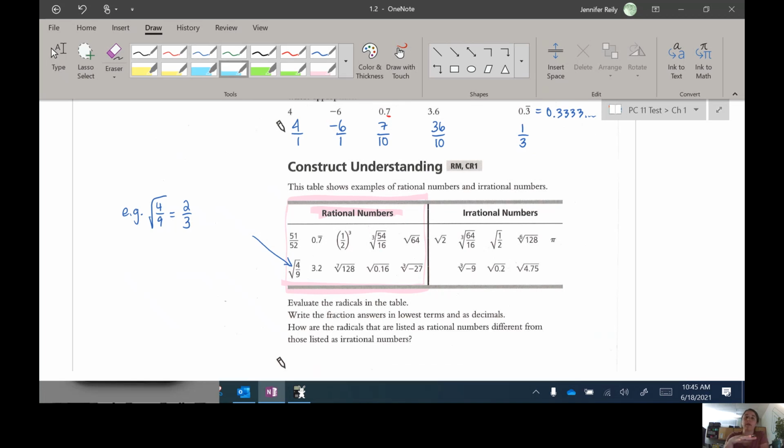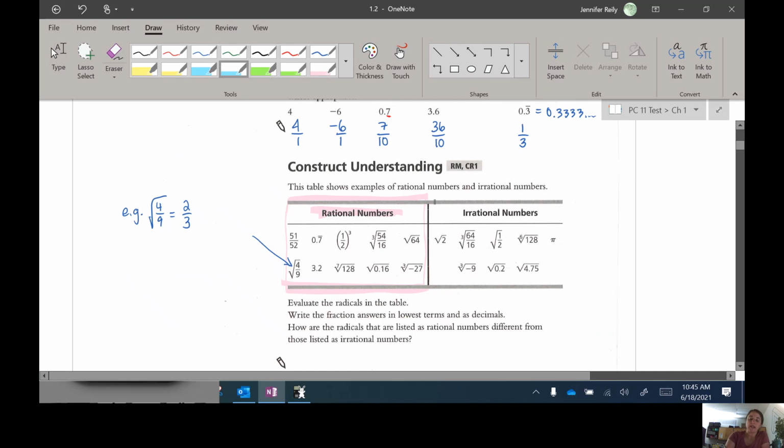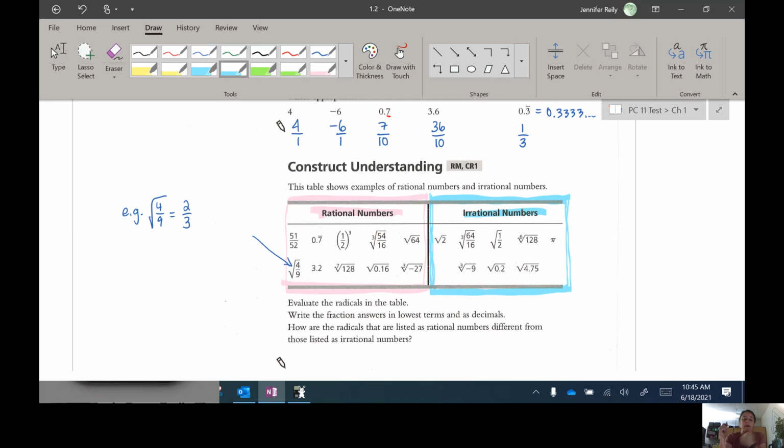If a number cannot be written as a fraction, we call it an irrational number, which is exactly the opposite of rational. So irrational numbers cannot be written as fractions. And that's the definition of irrational. So all numbers that are real are either rational or irrational, one or the other. And I'm just going to write down the quick definition here.